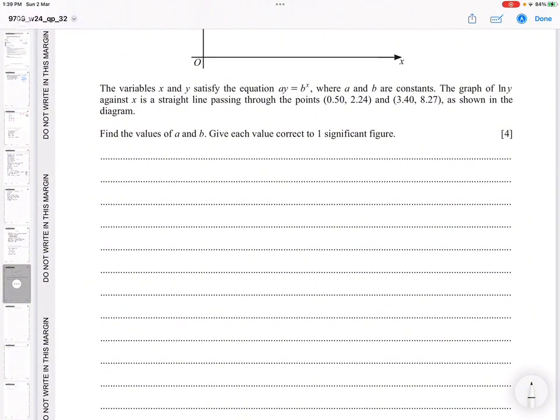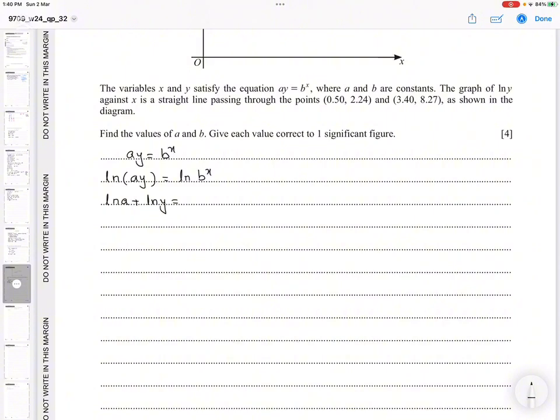So we write ay equals b power x. Take ln on both sides. Now, because a and y are multiplying, the rule of log says when you have a multiplication inside a log, you add them, like this: ln a plus ln y.